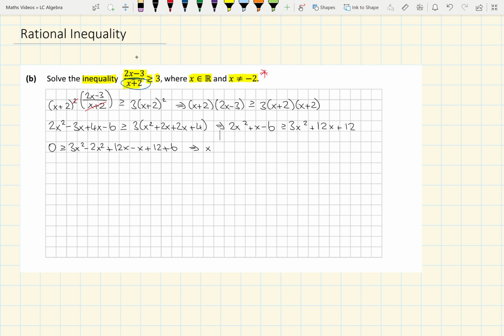So I get 0 is greater than or equal to x squared plus 11x plus 18. I'm just going to rewrite it so I can read from left to right instead of right to left. Preserve our inequality. So we get x squared plus 11x plus 18 is less than or equal to 0.